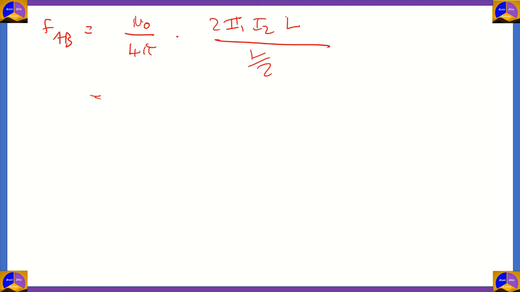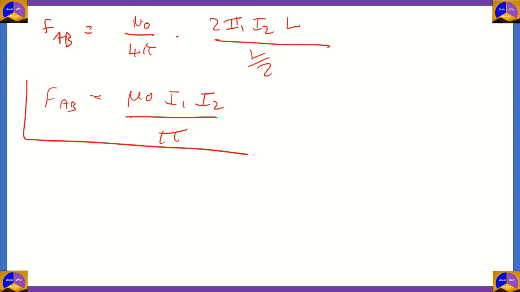So this 2 goes up, 2 times 2 gives you 4, 4 cancels out with 4, so you have mu naught I1 I2 divided by pi. The L in the denominator cancels out with the L in the numerator. So the force acting along AB is mu naught I1 I2 divided by pi.